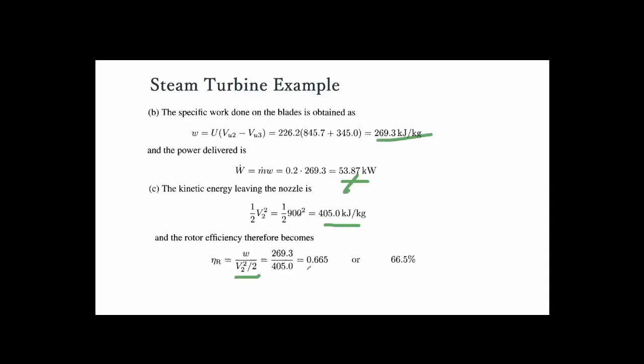So we plug in those values, we will get the rotor efficiency equal to 0.665, or we can also write it in terms of percentage, which is 66.5%. So efficiency can be written as a dimensionless number or as a percentage.